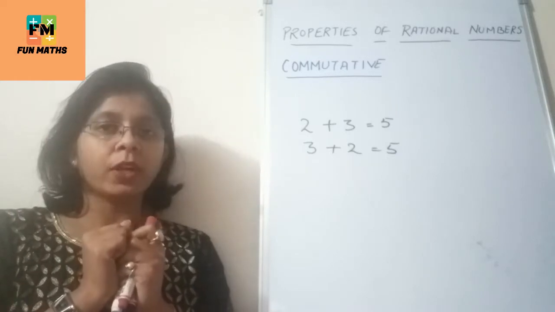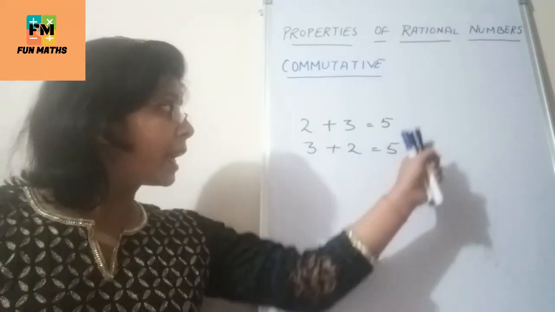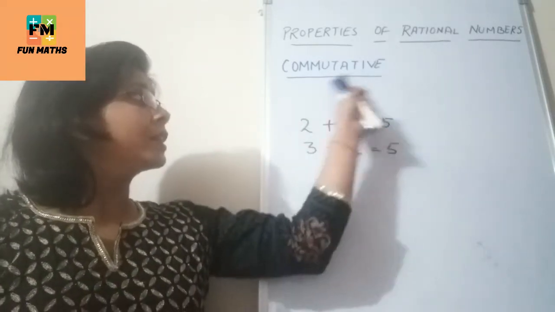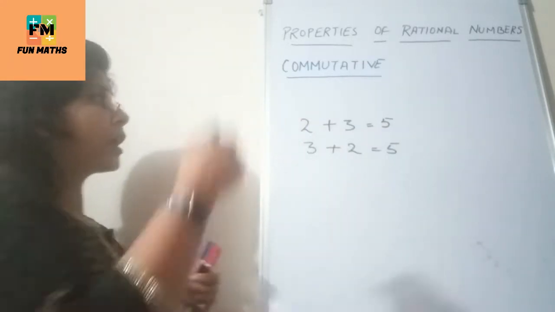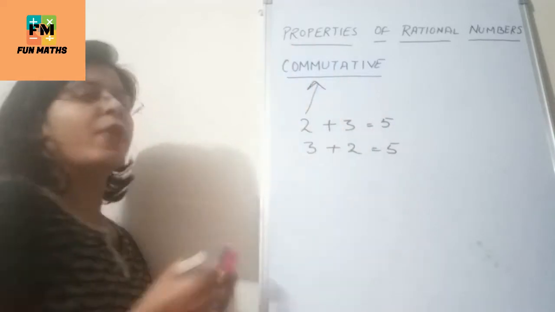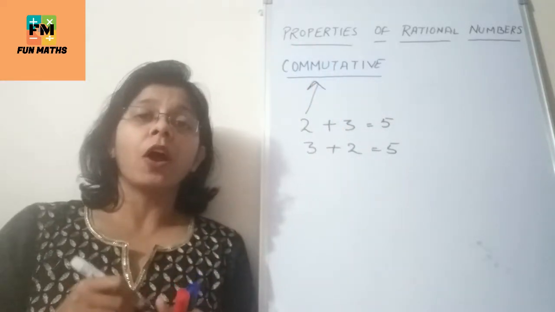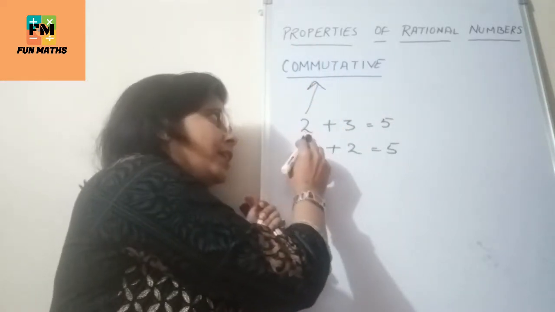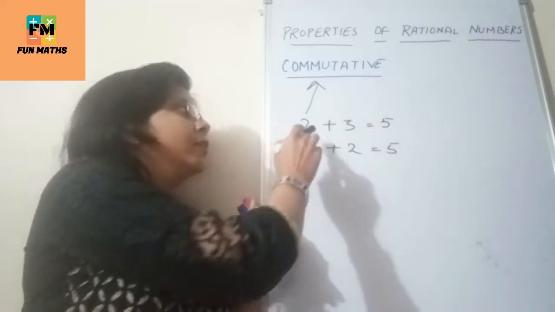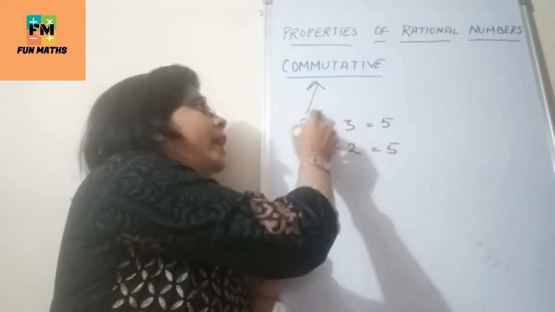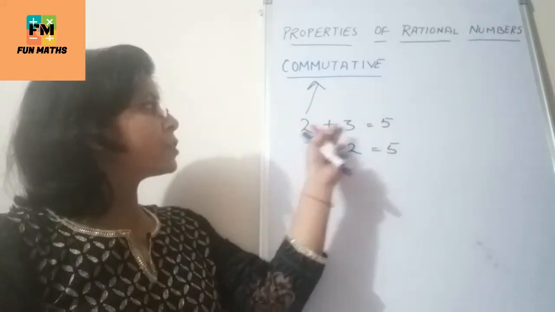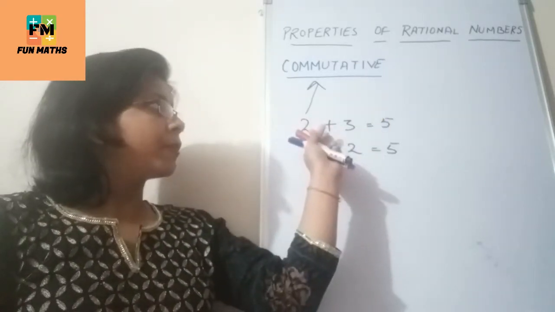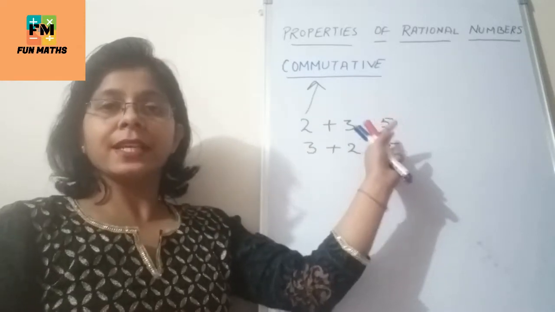Now we have grown up, and we have given a name to this particular thing. We call it commutative. Very simple. It means if we take any numbers and perform an operation, we get some result. If we perform addition, we get 5. If we perform multiplication, we get 6.